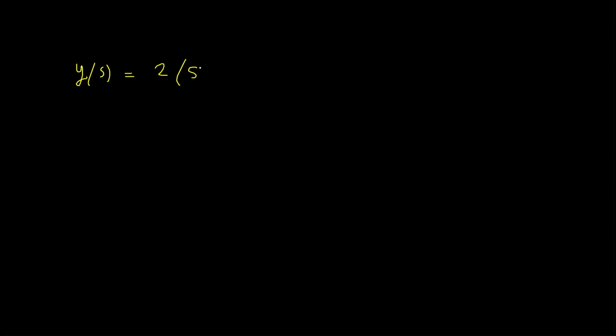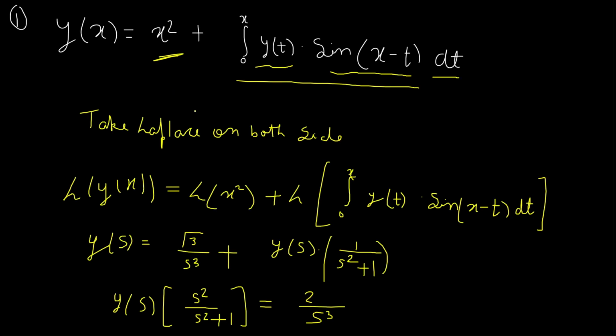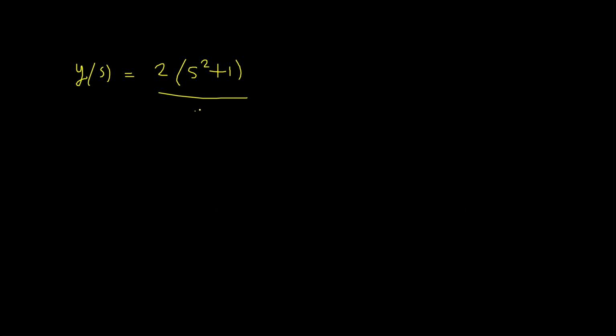This will become s square plus 1, so s square times s cube will be s to the power 5. We can simplify it to get 2 times 1 upon s cube plus 1 upon s to the power 5.